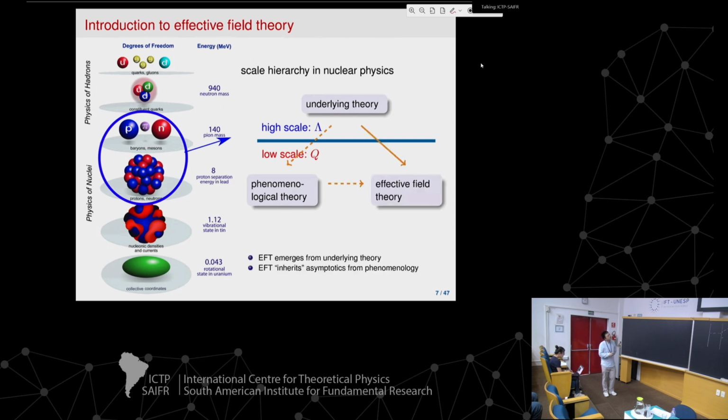On the other hand, nowadays we use effective field theory. It combines this phenomenological way of using nucleon degrees of freedom, but also inherits some of the symmetries from the underlying theory, QCD, so you can do systematic expansions and construct the interactions in this effective field theory framework. This has the advantage of giving you predictive power. Based on this systematic expansion, your theory will have a controlled, systematic uncertainty estimate.